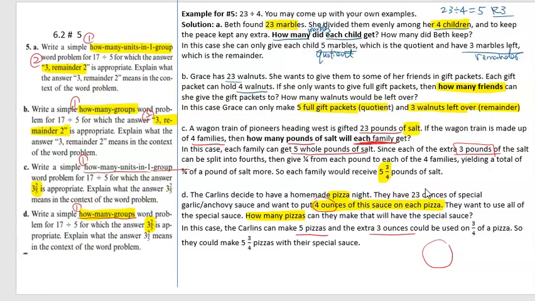So instead of making a whole pizza, we cut this corner off, so we actually can make 3/4 of a pizza using those 3 ounces of sauce, to make sure it has the same flavor.